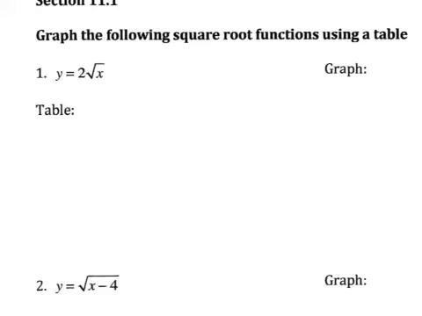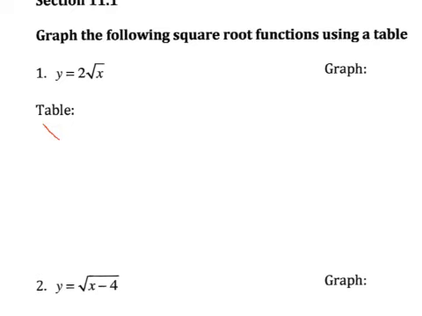First, we will review graphing square root functions. So if we look at number 1, y equals 2 square root x, we notice that there's nothing inside with the square root. Therefore, we can plug in the numbers that are easy to take square roots of that we worked on in class.